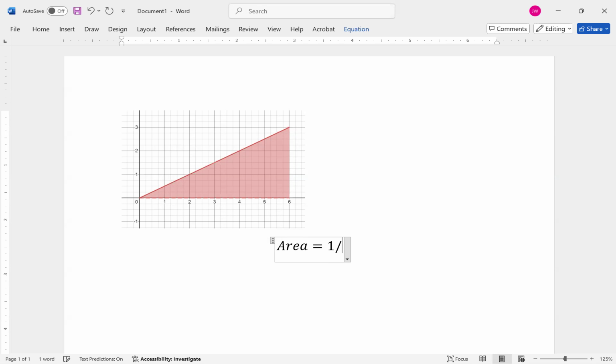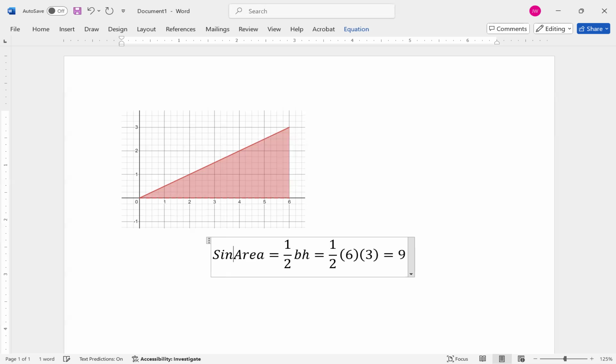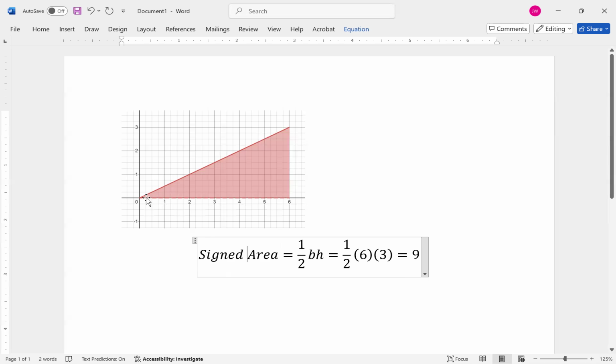Again, in this case, I can just use the area of a triangle, 1/2 base times height, which is 1/2 times 6 times 3, which becomes 9. So the area of the triangle, which is the signed area of this line, is 9 in this case.